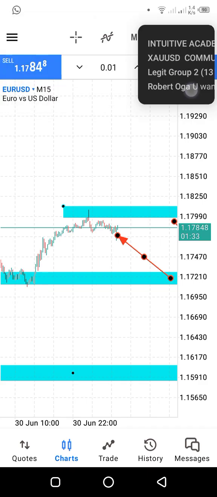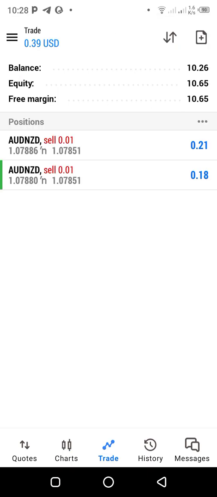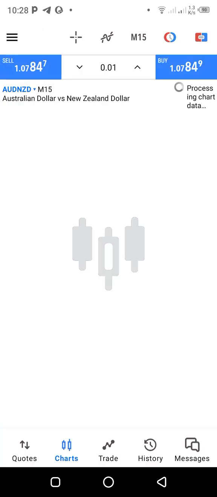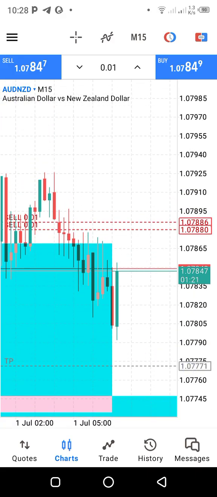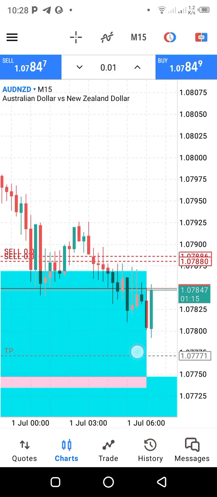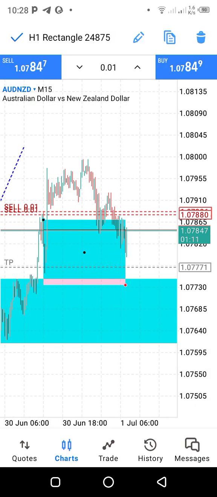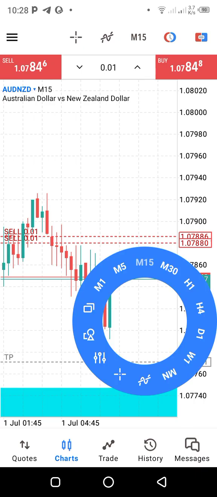Alright, but that's it. Yeah, NZD. The chart is looking pretty. Okay, I think I will take in my, let's see. Here in the NZD, I think I shall call it a break.